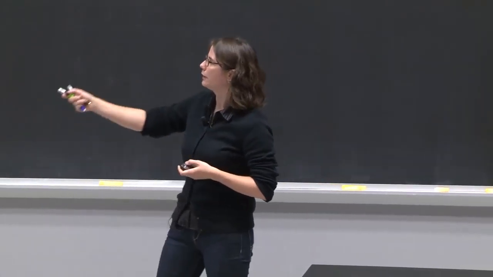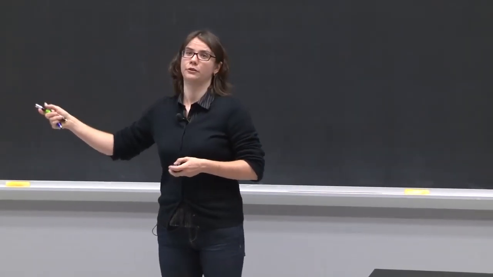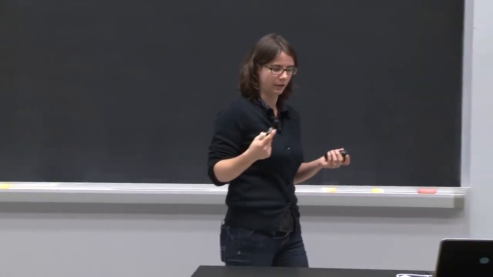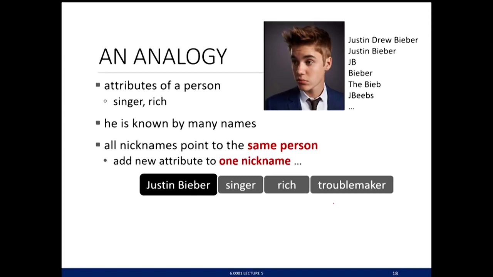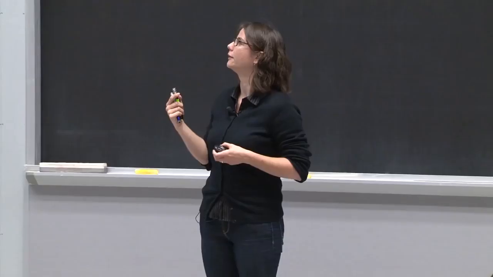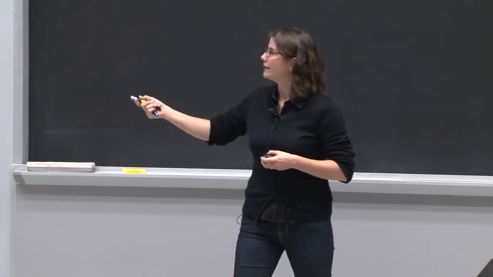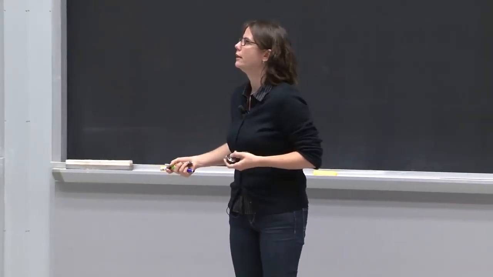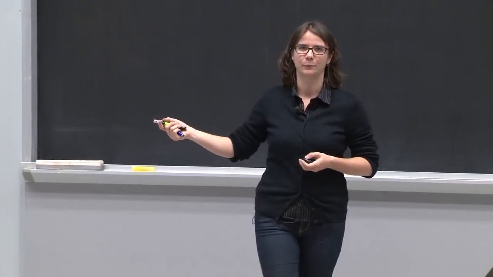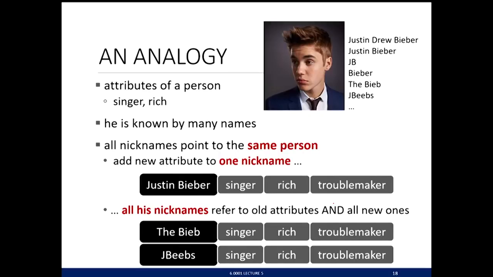Originally, let's say I say Justin Bieber is a singer and rich. Those are the 2 attributes I've originally assigned to him. Then let's say I want to assign a different attribute to him and say Justin Bieber is a singer, rich, and a troublemaker. I'm being kind here. It's the same person I'm referring to, so all of his nicknames are going to refer to this exact same person object, with these changed attributes.